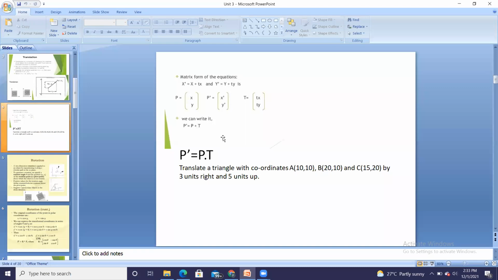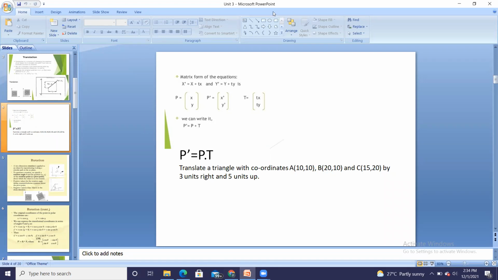Right. So if you remember, we have the two-dimensional entity, this triangle ABC. So instead of x and y coordinates, we have added a third coordinate, and that is called the homogeneous coordinate. So we have represented this point A as 10, 10, 1.